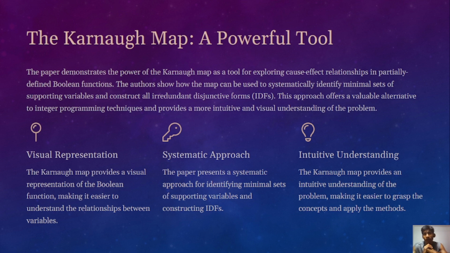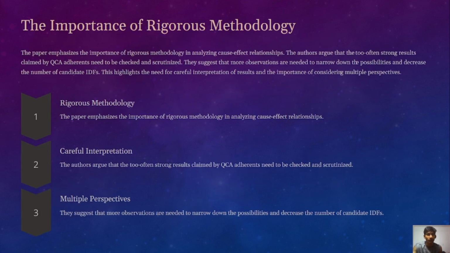The author shows how the map can be used to systematically identify minimal sets of supporting variables and construct all the irredundant disjunctive forms (IDFs). This approach offers a valuable alternative to integer programming techniques and provides a more intuitive and visual understanding of the problem. The paper emphasizes the importance of a rigorous method in analyzing cause-effect relationships.